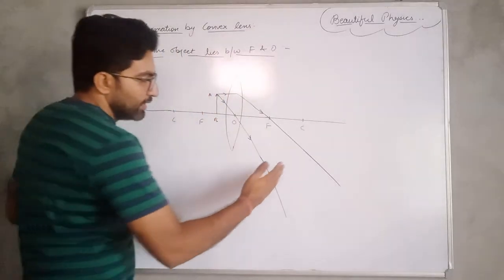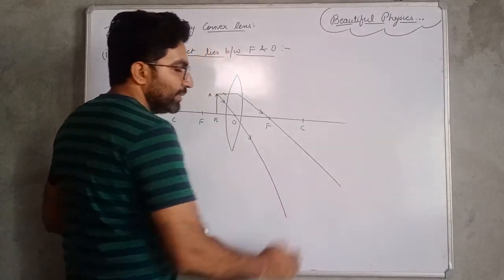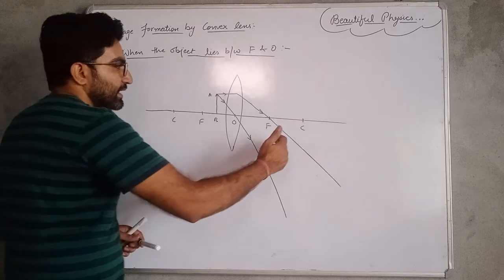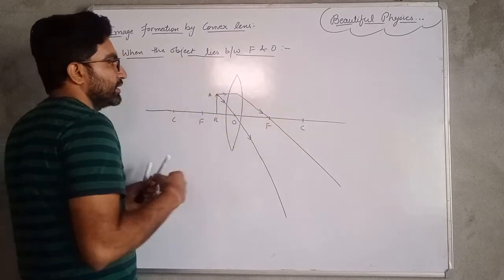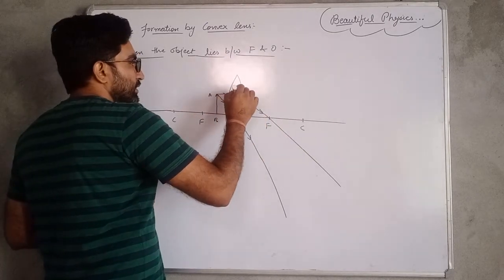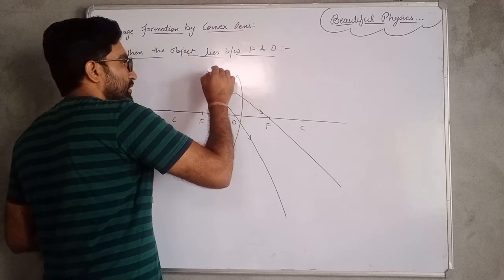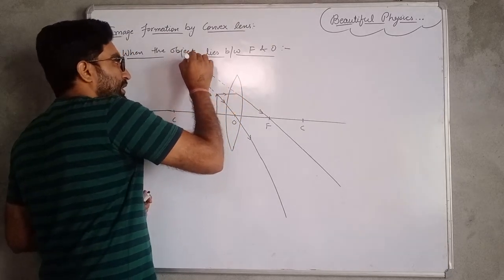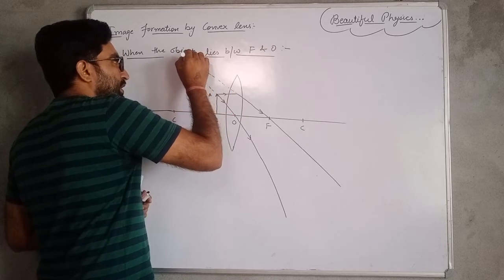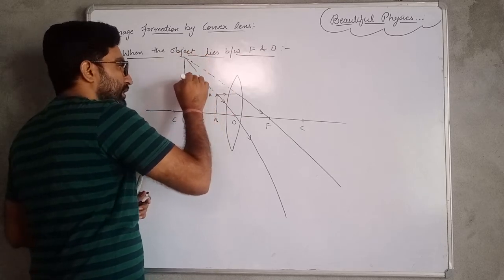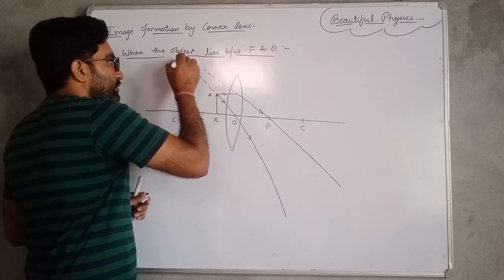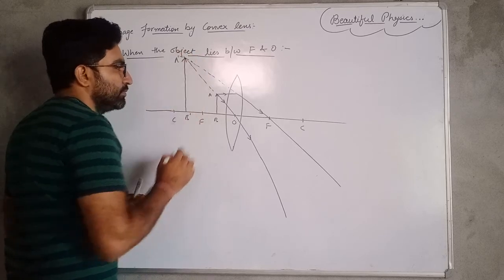So on the right side they will never meet with each other, so we have to extend these light rays in the backward direction, and when we extend them in the backward direction, they will meet at this point and image is formed here. This one is our A prime, B prime.